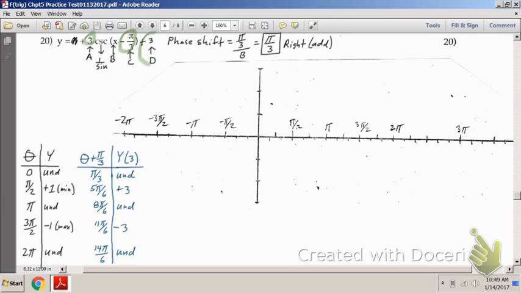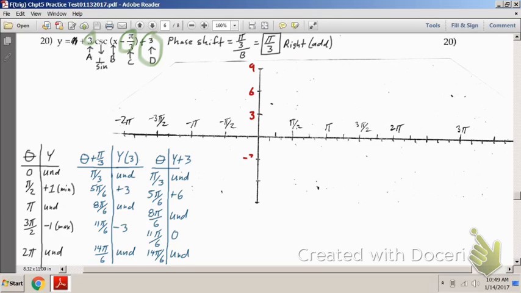So when I go to graphing this thing, it was easier just to leave it in pi over 6, so that way I can just count tick marks and be done with it. And then last but not least, I apply that vertical shift up.